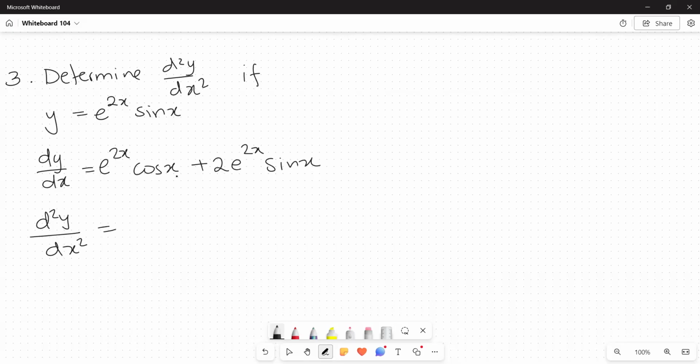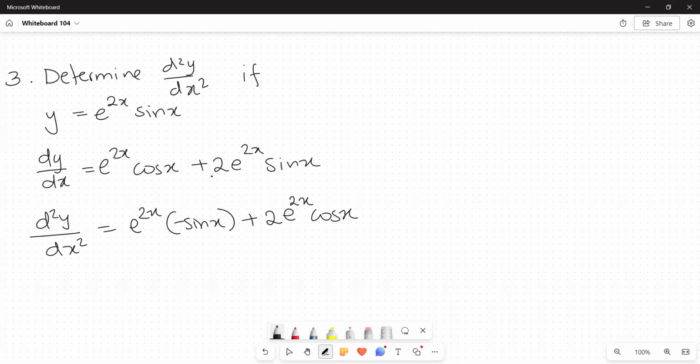And then the second derivative, this is d2y dx2. Product rule here again, we have e to the power of 2x. The derivative of cos x is minus sine x. And then we add the derivative of e to the power of 2x. This is 2e to the power of 2x, and then multiply by cos x.